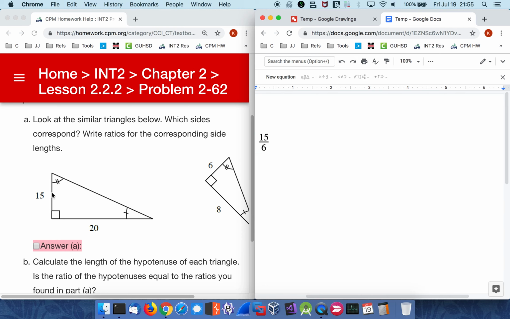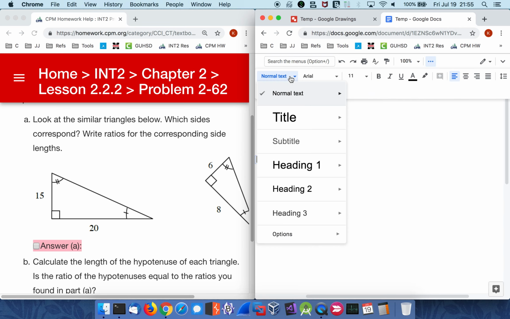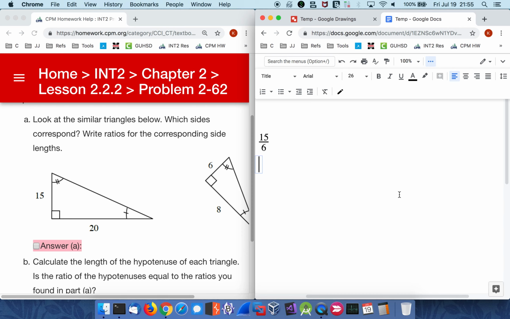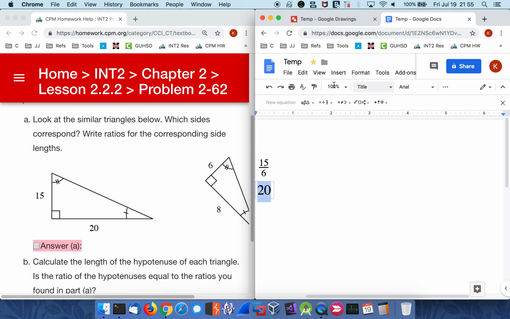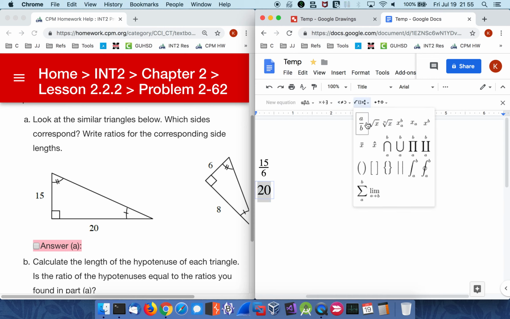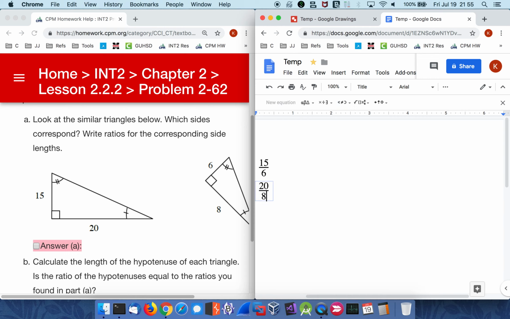So that's one ratio right there. And then we can write another ratio over here too. So we could say that the other ratio is 20 to 8. Right? So one ratio is 15 to 6, another ratio is 20 to 8.